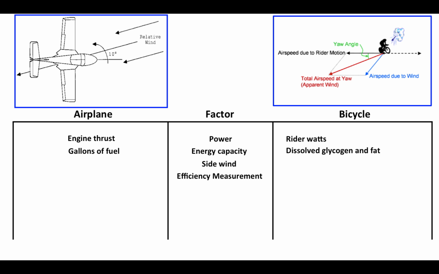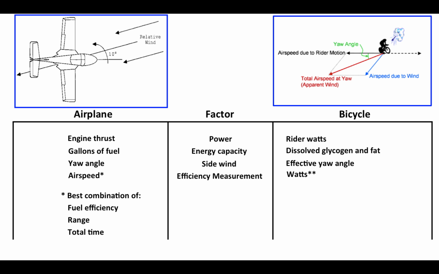In a bicycle, dissolved glycogen and fat. Side wind: yaw angle and effective yaw angle. And in terms of efficiency measurement, an airplane flies at a certain airspeed, but with a bicycle we use watts as a way to measure our efficiency. I'll explain what I mean.